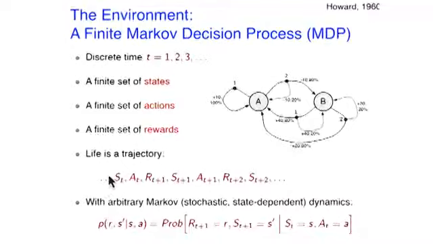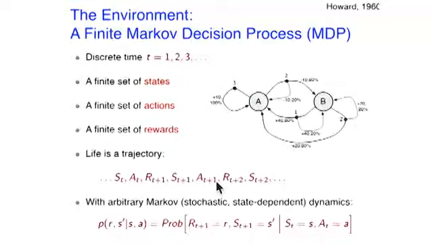Okay, but I think maybe the most important line here is this one. Life is a trajectory. Life is a sequence. States, actions, rewards, next states, next action. Then it just goes on forever. And these are the real events that are happening in our life. So I'm going to use the statistician's convention that the real events, the random events, are capital letters.